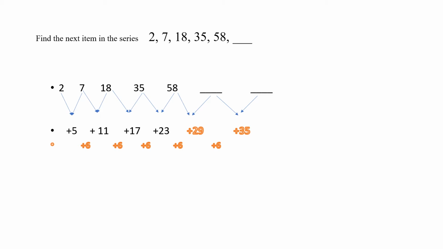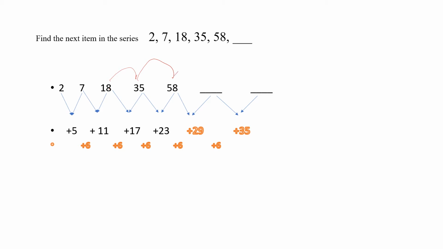To go from 7 to 18, we will have to add 11 to 7, and then we go up to 18. From 18 to 35, we need to add 17 to 18. And from 35 to 58, we need to add 23 to 35.